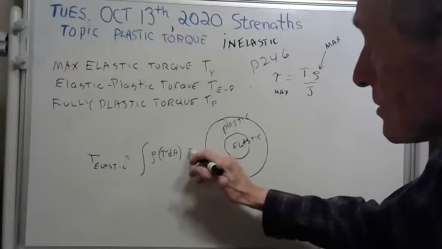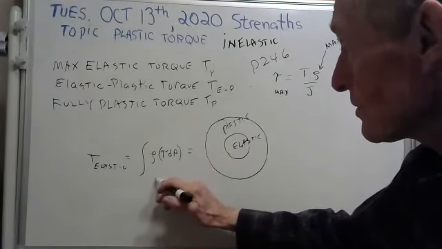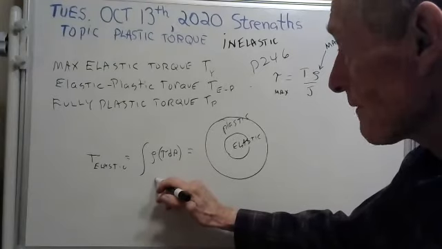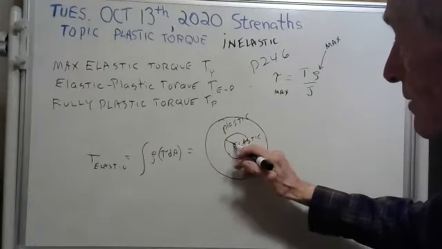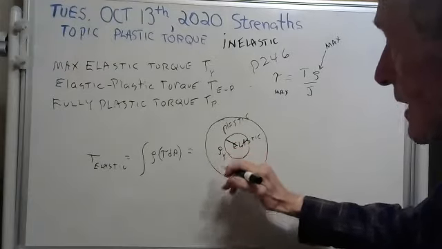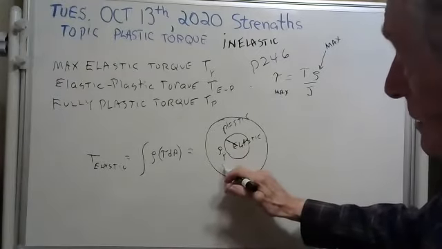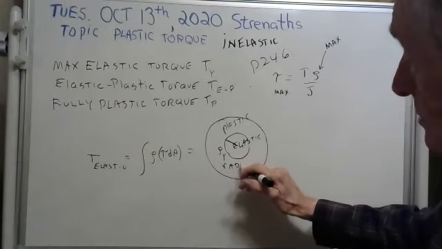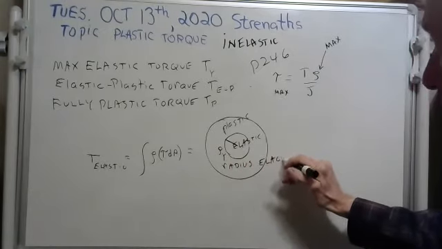And in this case here, the shear stress would equal this. They have a name for this radius right here, by the way. This is called the radius of the elastic core, rho sub y. That's the radius of the elastic core.